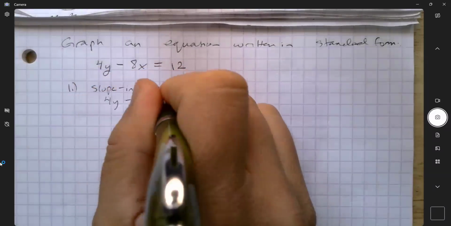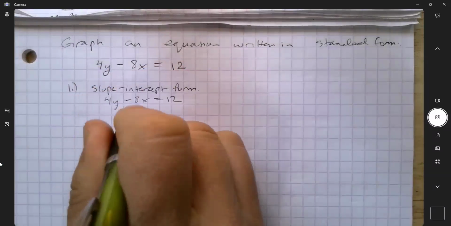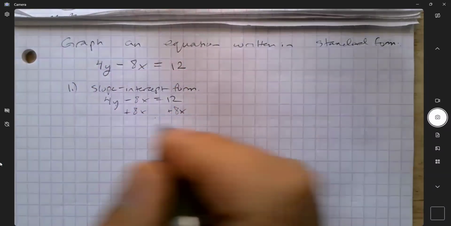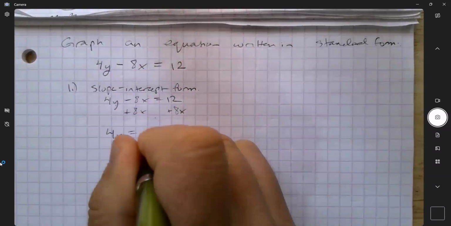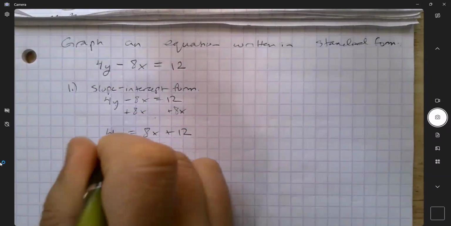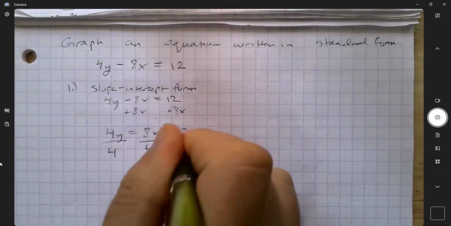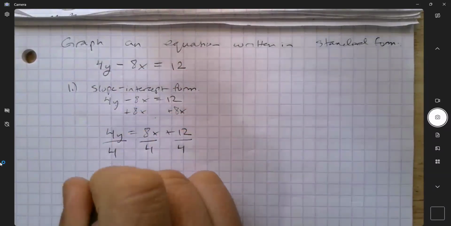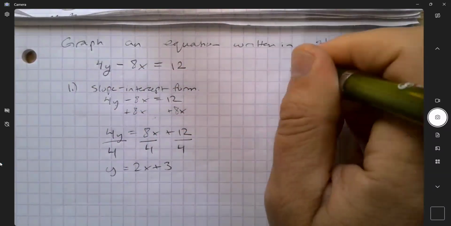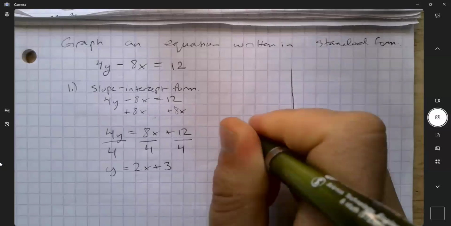4y minus 8x equals 12. I'm solving for y, so I'll add 8x to both sides. And now I have 4y equals 8x plus 12. And I divide both sides by 4. And I get y equals 2x plus 3. And now I can go ahead and I can graph it.